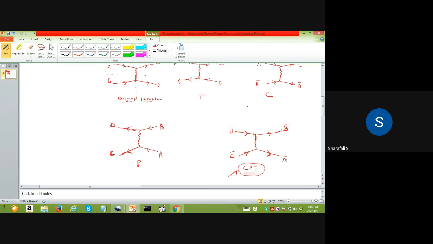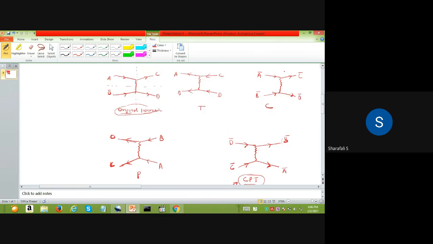in this particular case you can see, we have the original interaction like this, that A and B become C and D. Okay, so this reaction is valid. This reaction is possible. Now you apply CPT on this particular interaction, and we get it like this.